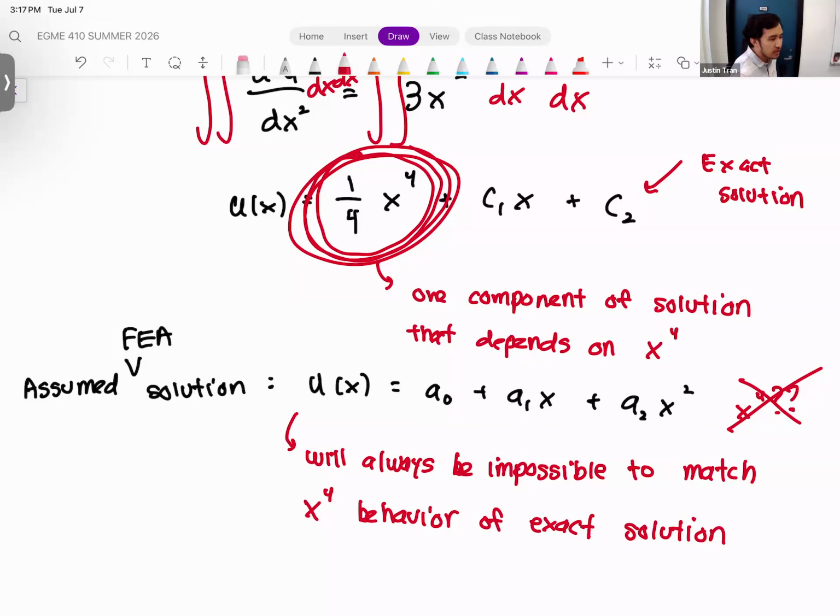That's because x to the fourth is fundamentally a different type of function than x squared or x or a constant. So that's one thing to keep in mind as we're discussing the different element types and the different shape functions and the different orders. The upshot for all of this is that, generally speaking, the more terms you have in your assumed solution, the more flexibility and the more accurate your approximate solution is going to become.